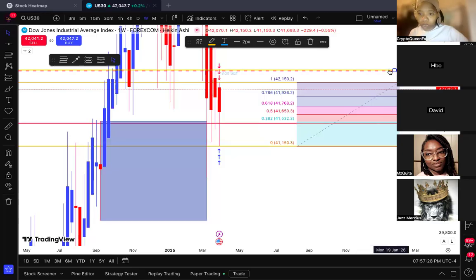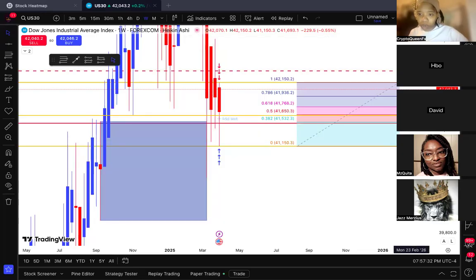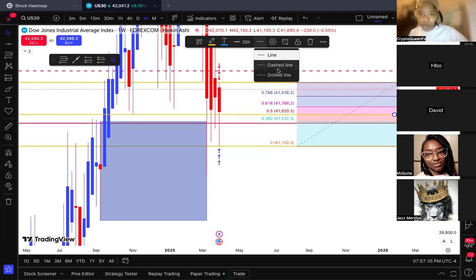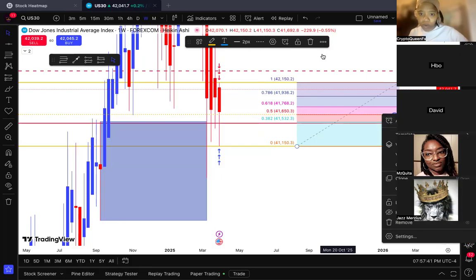And then we're gonna take our 0.5 level here. Midweek area is 41,650.3.